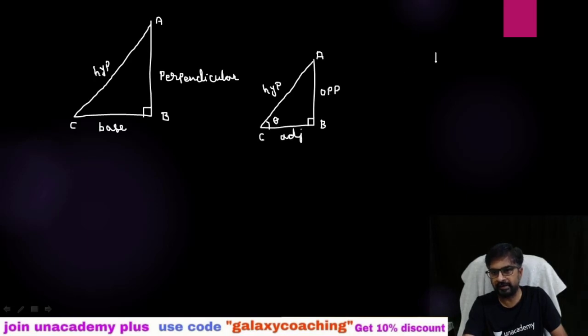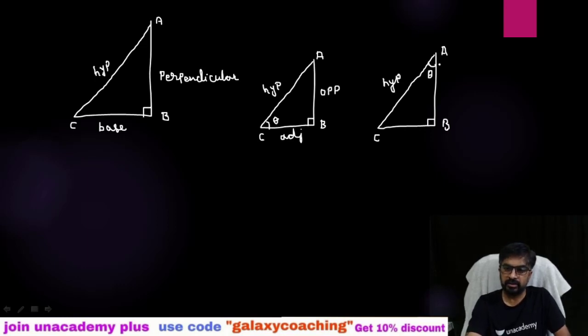But when your theta changes, this is again a right angle triangle. This is 90 degrees, this will be the hypotenuse. But suppose this is your main angle theta, then what will happen? Then your perpendicular and base will change. So this will become your perpendicular and this will become your base.